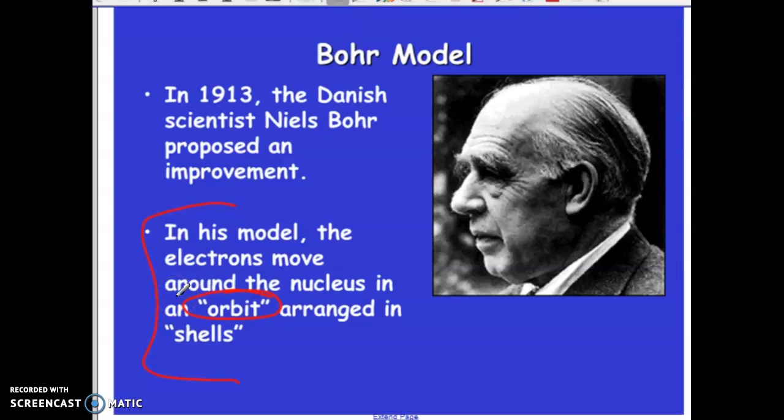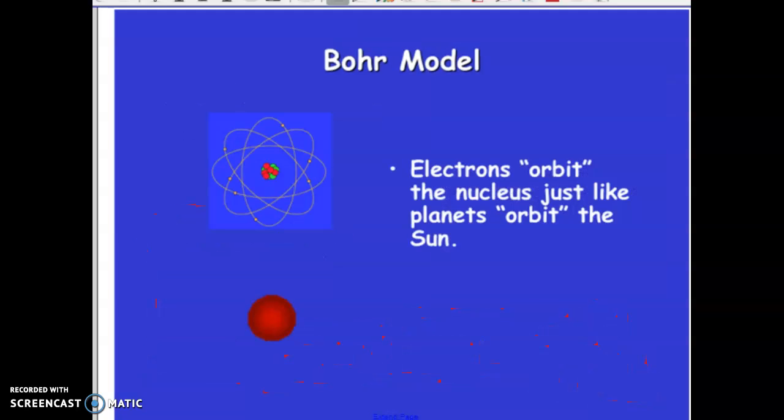These orbits go by many names. We can say orbit, energy level, or shells. Usually we use the term energy levels, but either of these are acceptable. So instead of being randomly scattered, electrons are actually in orbit around the nucleus.